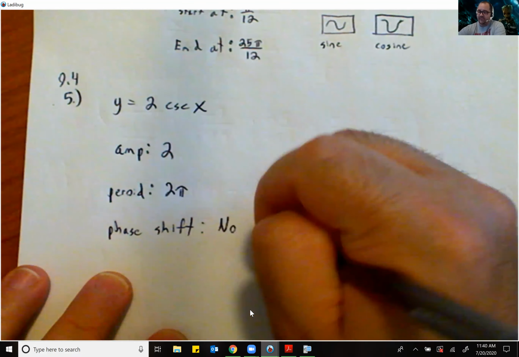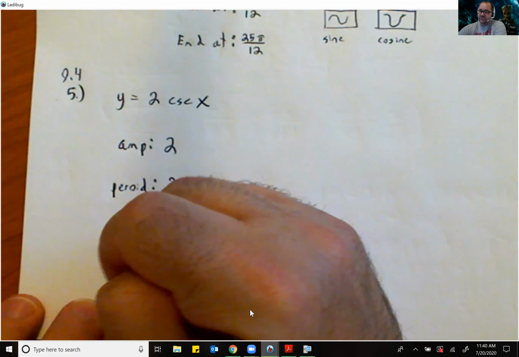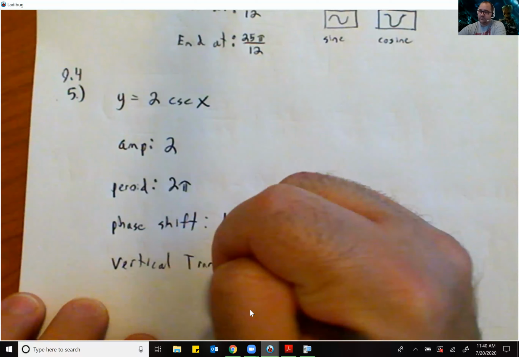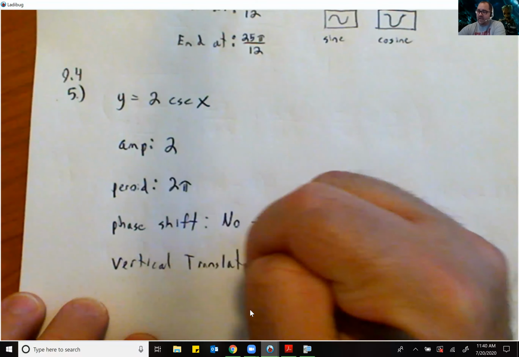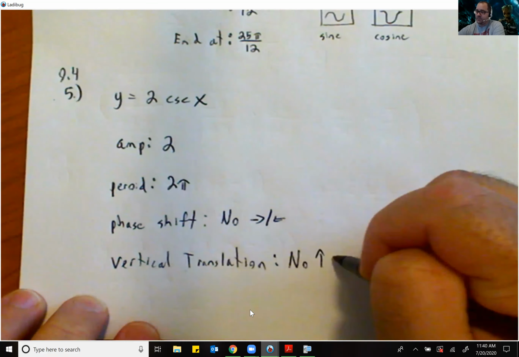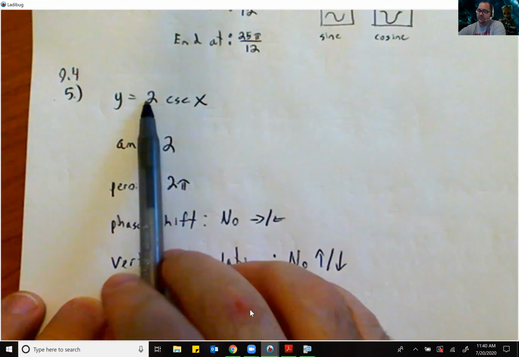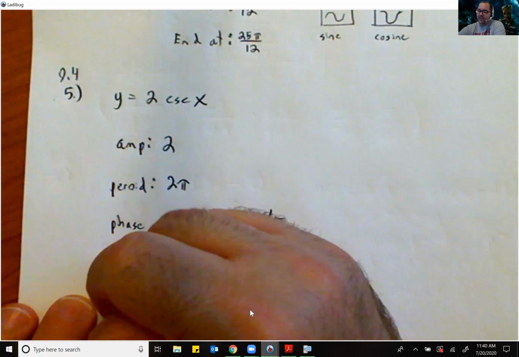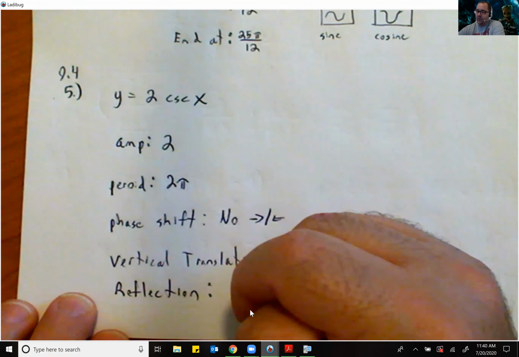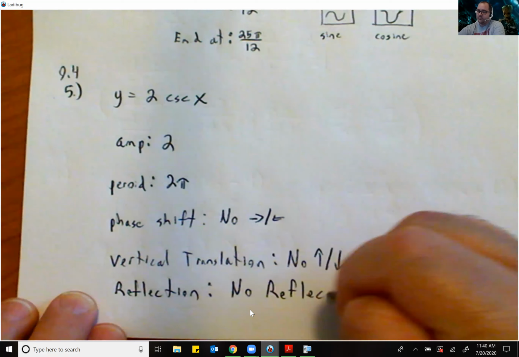So there's no left and right. The vertical translation, there is none. So there's no up and down. And then if we look at our amplitude, this number is not negative. So a reflection, there is none. No reflection.